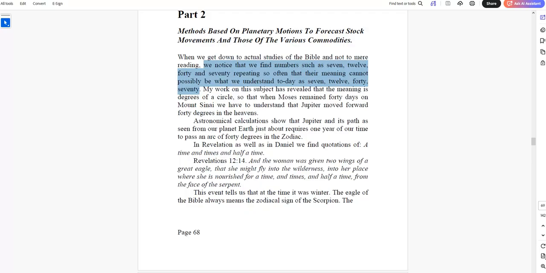I'm going to look at Jupiter, Saturn, and Uranus in increments of 7, 12, 40, 70. For Uranus, to get 40 and 70 degrees, 40 degrees is going to take about 20 months or so. 70 degrees is going to be about a 3-year move, depending on where it's at in its orbit.